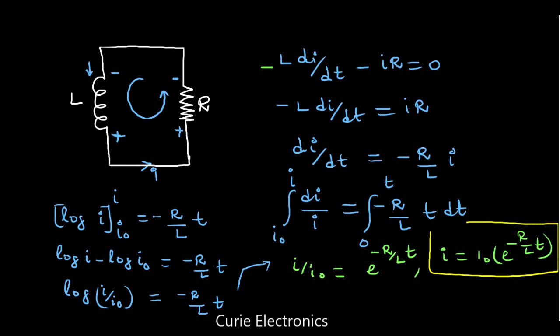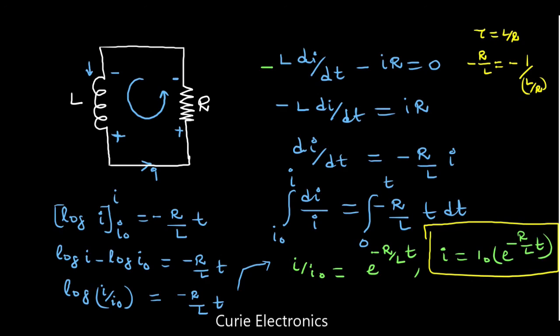How can we write it? Tau equals L upon R. So we have minus R upon L in the e to the power. I can write it as 1 upon L by R, so minus 1 upon tau.